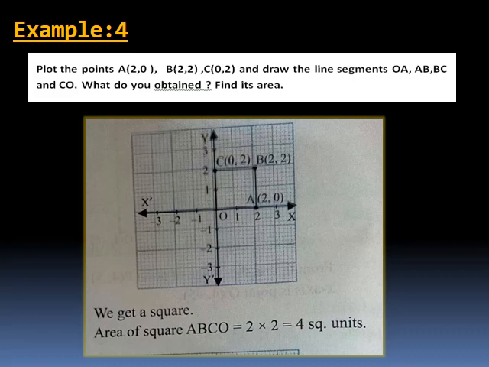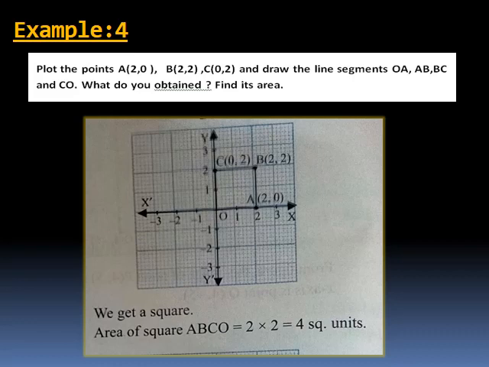Now we have 4 points, that is origin is denoted by O, that is 0, 0 and A, B and C. Now OA is line segment. Then join A and B, we get AB. Then join B and C, we get BC. Then OC, already we have the line segment.